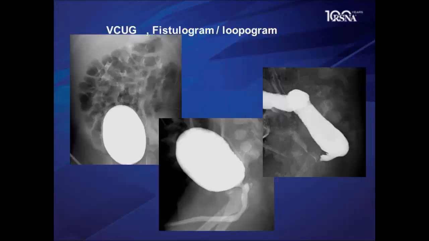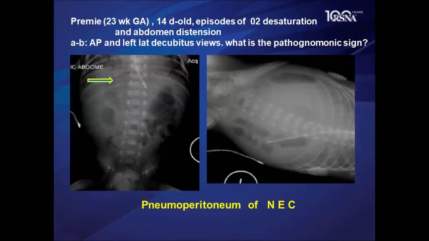We do VCUG, the urethra is normal, but we demonstrate a fistula that later on with loopogram from the colostomy is filling the fistula, and the bladder is filling in a retrograde fashion. So this is the combination when you do loopogram and then VCUG, the so-called fistulogram.